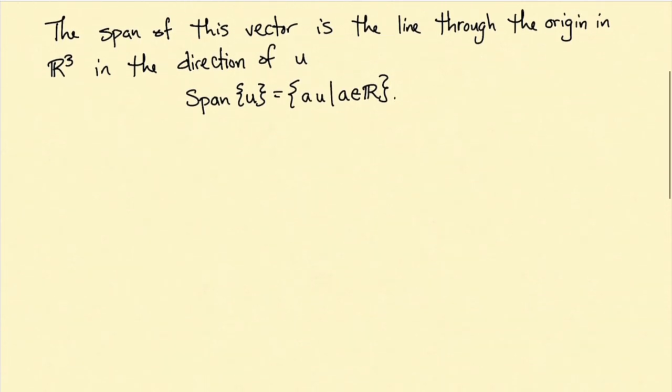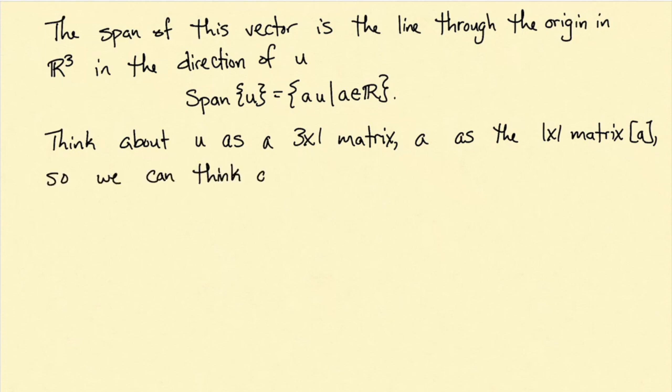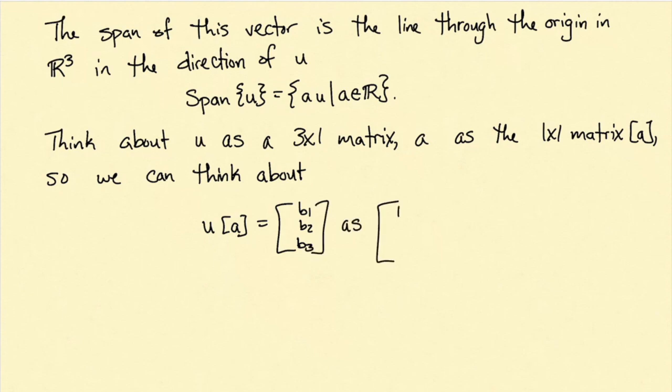If we think about u as a 3x1 matrix, A as a 1x1 matrix, we can think about the matrix equation u multiplied by A is equal to an arbitrary three-dimensional vector whose entries are b1, b2, and b3, as the augmented matrix 1, 1, -2, then b1, b2, b3 in the augmentation column.